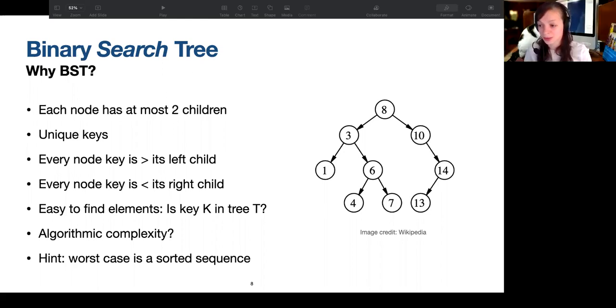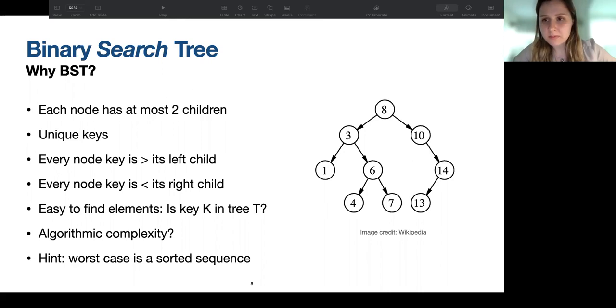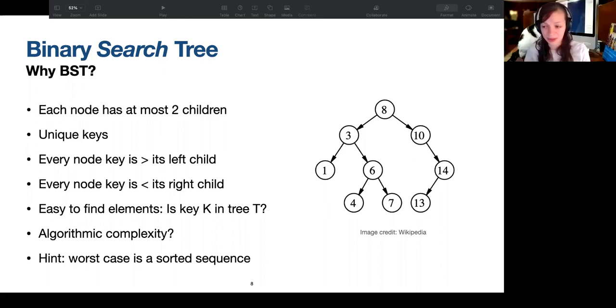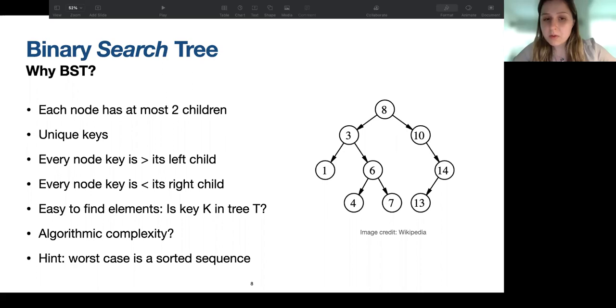There is a small question: do keys start at 0? Well, not necessarily. It depends. They don't have to start at 0.